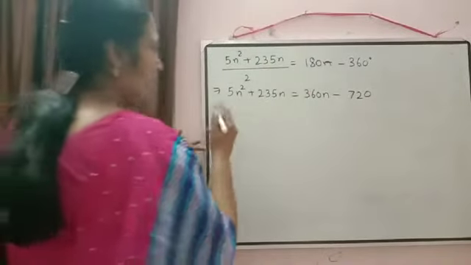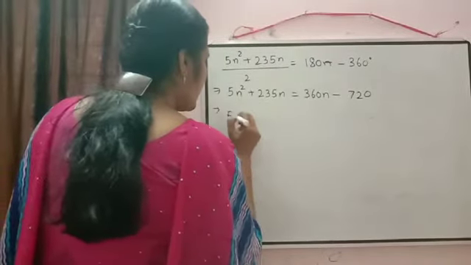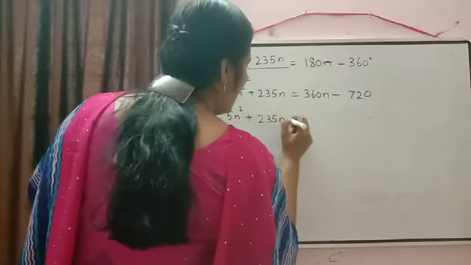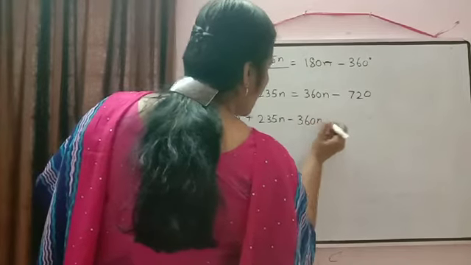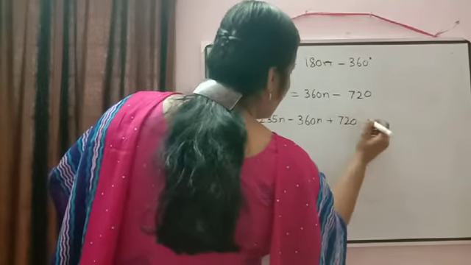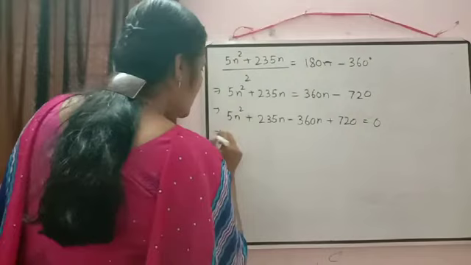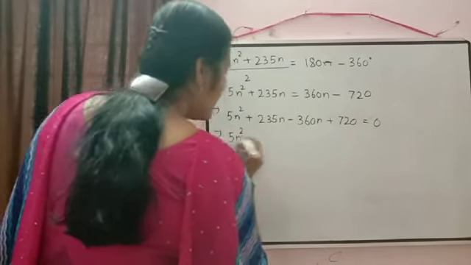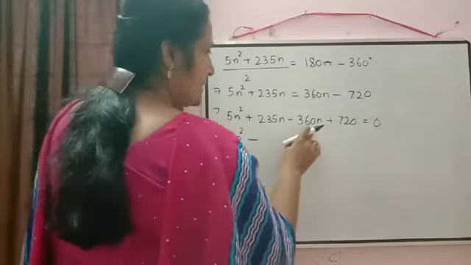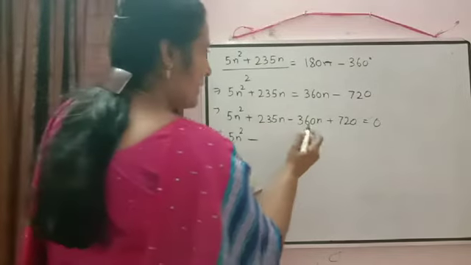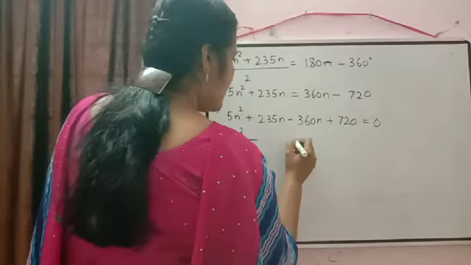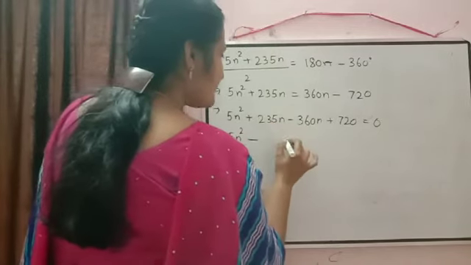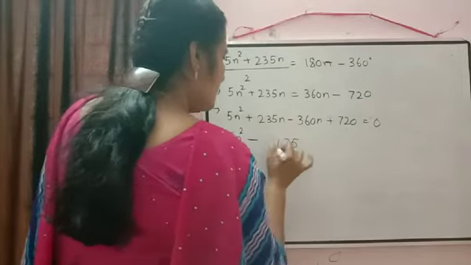Since we are getting a quadratic equation, we can shift all the expression to one side. Shifting to the left hand side, we get 5n square plus 235n minus 360n plus 720 is equal to 0. Doing the subtraction, 360 minus 235 is 125, so it will be negative there.